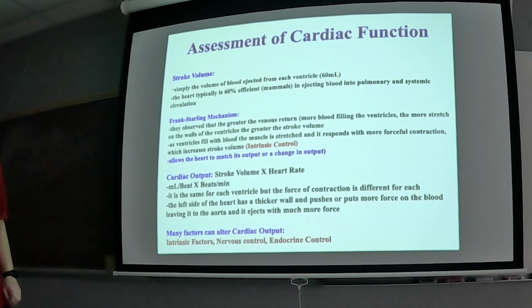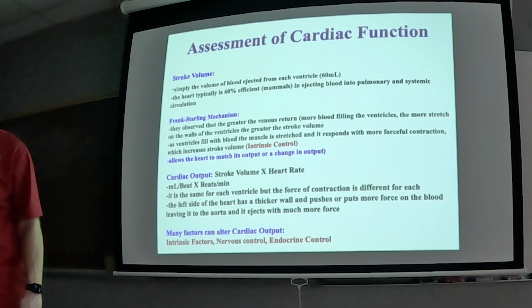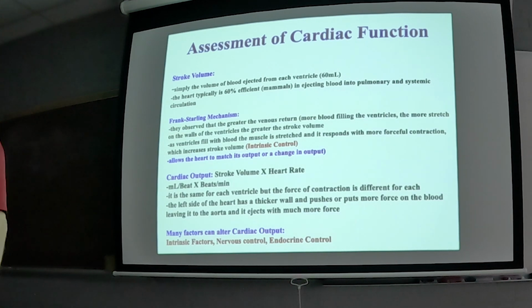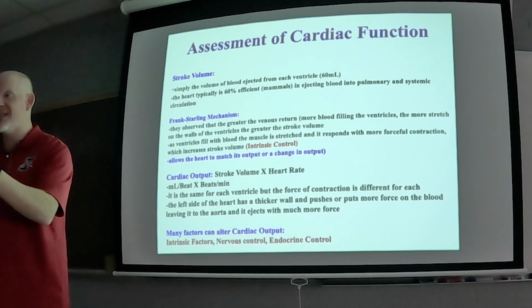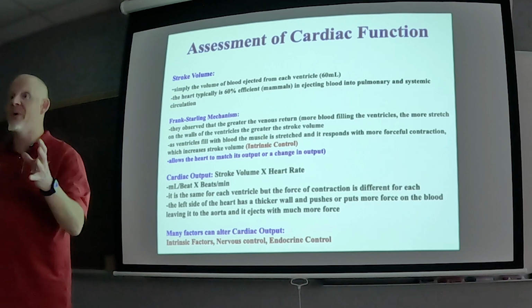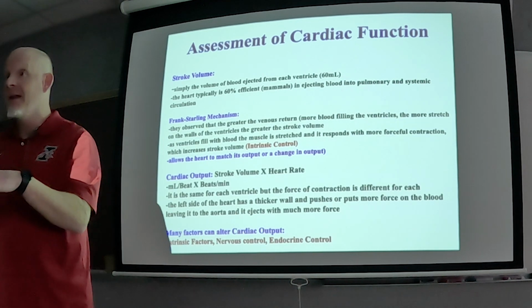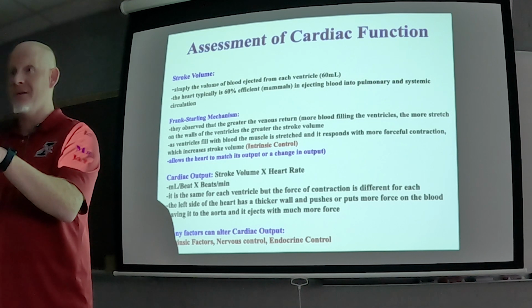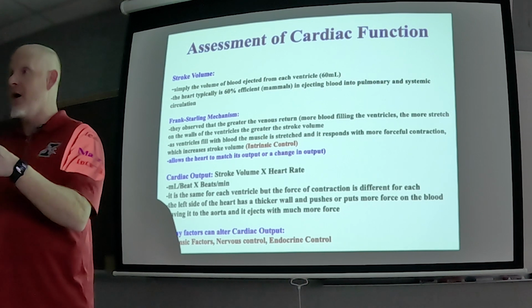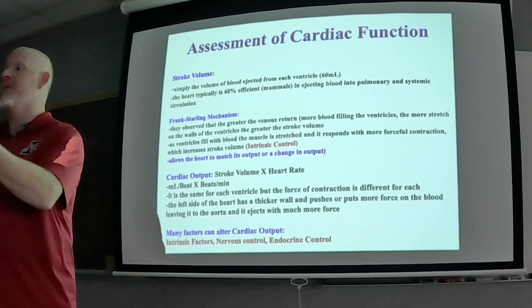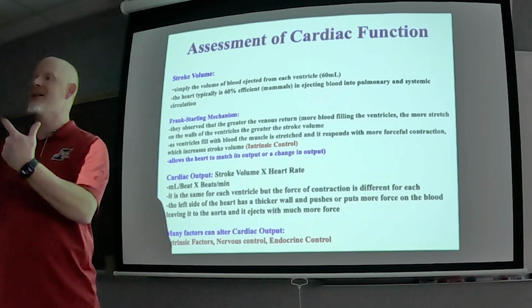And so the greater the venous return, the harder the atria and ventricles contract, which is pretty cool because your nervous system or your body doesn't have to do anything. You get up and start moving around, your heart starts contracting harder. Not necessarily faster right away, but harder to deal with that volume of blood that is coming back to the heart.